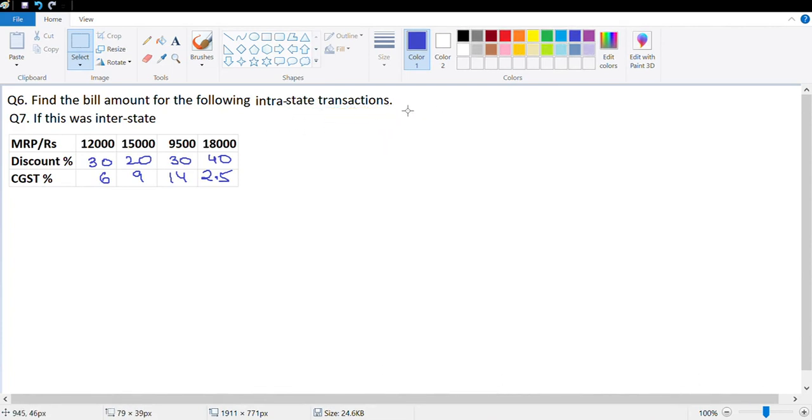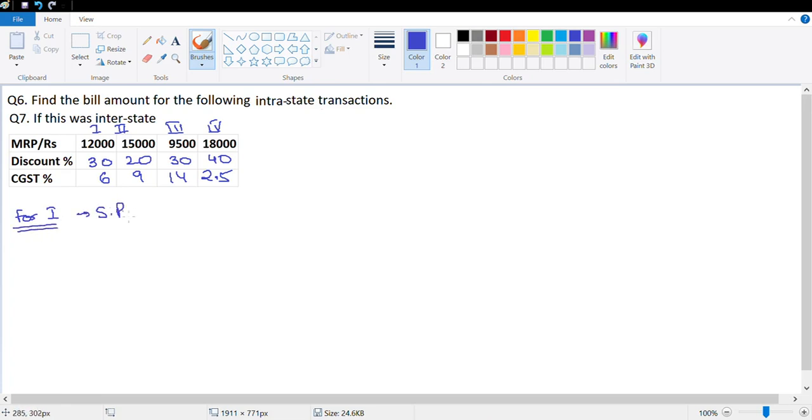Let's read it again. Find the final bill amount of the following intrastate transactions. So we are looking at 4 different products which have different discounts, and each of them has a different GST rate. Let's call this product 1, 2, 3, and 4. Let's calculate it for 1.